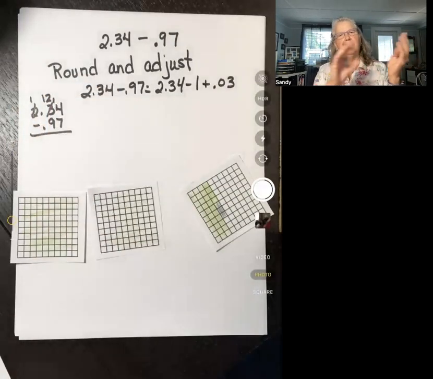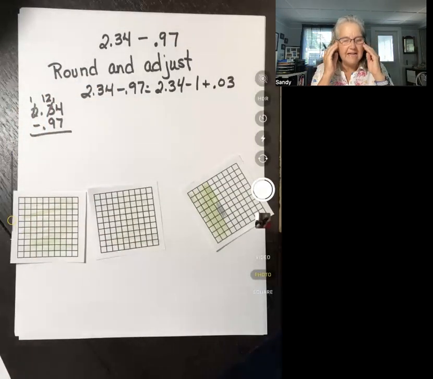And it was about moving ones around. My mind was not thinking in terms of place value. My mind was thinking in terms of 14, that 4. So now I have 14 minus 7. I have 12 minus 9. It was an algorithm that gave us a way to get an answer, but it didn't necessarily help support understandings of place value and connections to the fractions.